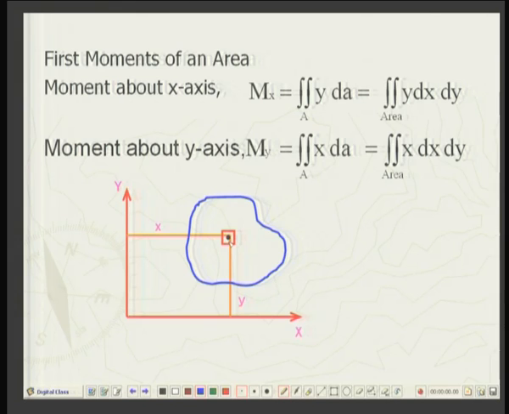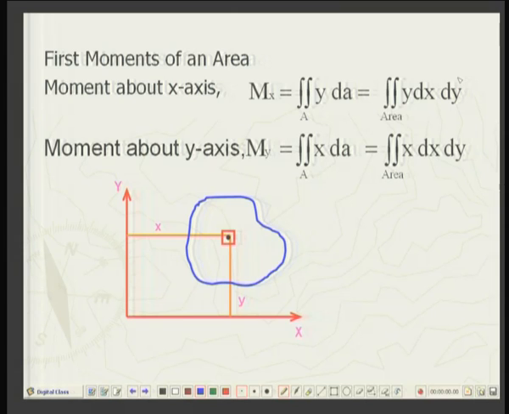So, we will define the first moment or simply moment about x axis, which we will designate as Mx, equal to the area integral of y times dA. dA is that small area. So, we multiply this small area with the distance from the x axis, that is y, and it can also be written as, for rectangular Cartesian coordinates, area integral of y dx dy.